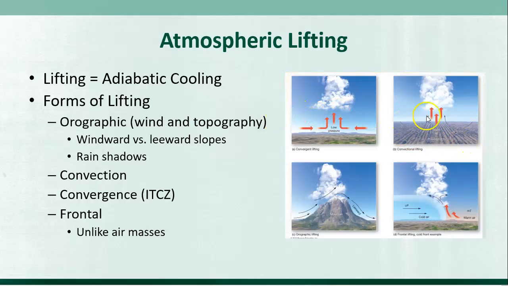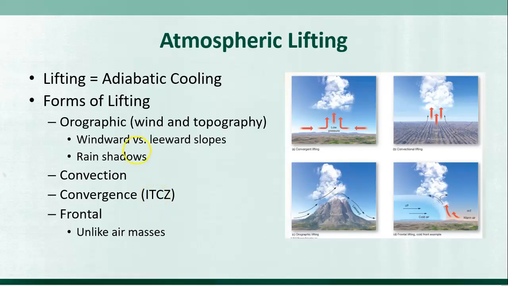And this commonly happens, especially in places that are continental, where there can be a lot of that extra heating in the ground. We're going to get back to convectional lifting because it's pretty important in understanding instability. We can also have lifting taking place in convergence, like the intertropical convergence zone that we've talked about, where the trade winds come together.